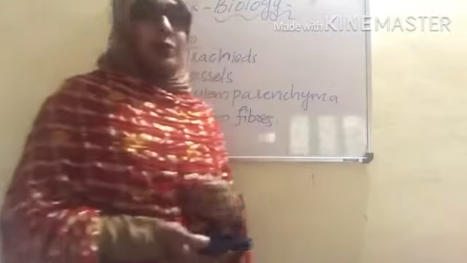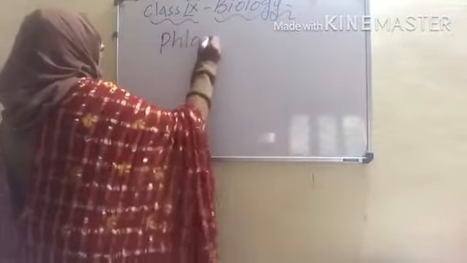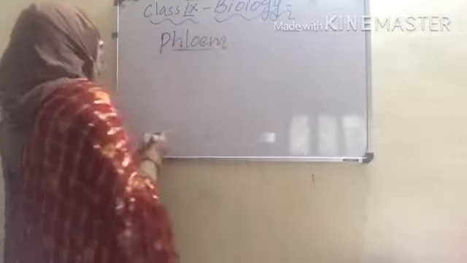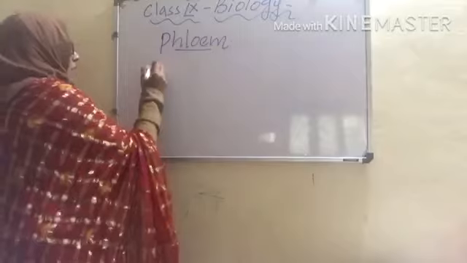Let's move to the next portion, that is phloem. What is phloem meant for? Phloem is meant for the conduction of food, isn't it? Again, phloem has four elements.